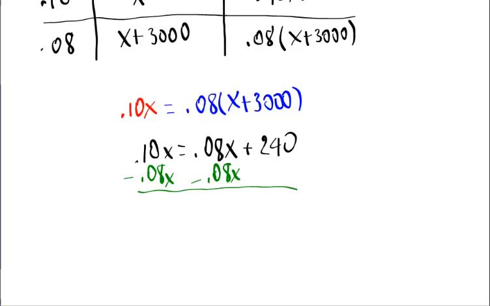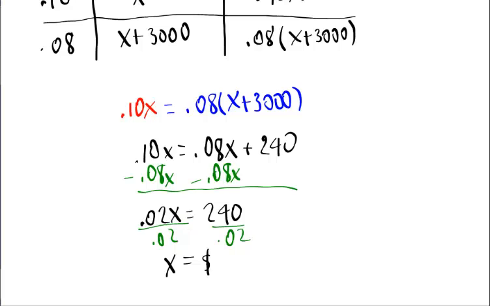And then this will give us 0.02x, which is equal to 240. And then divide both sides by 0.02. So x is equal to $12,000.